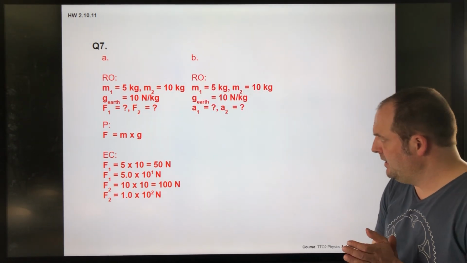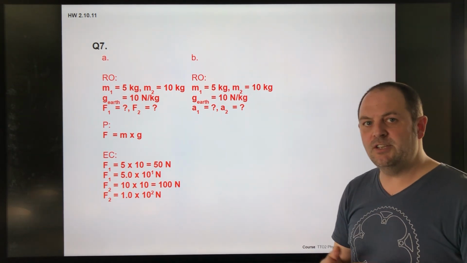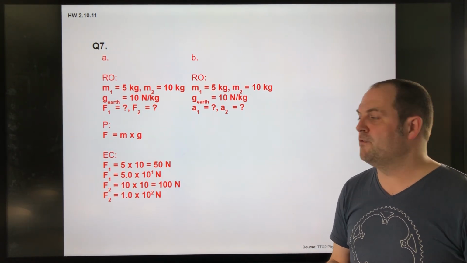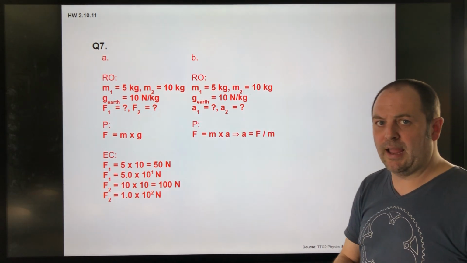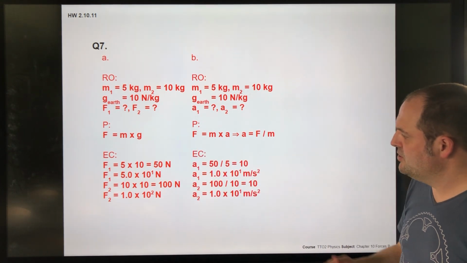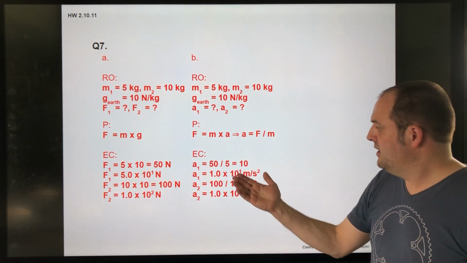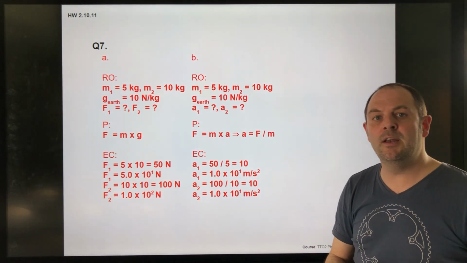Well, in question B, you're going to calculate the acceleration. Well, the acceleration was actually the same as the gravitational field strength. If you fill it in, you see that the outcome is, of course, 10 meters per second squared. That is the same as 10 Newton per kilogram.